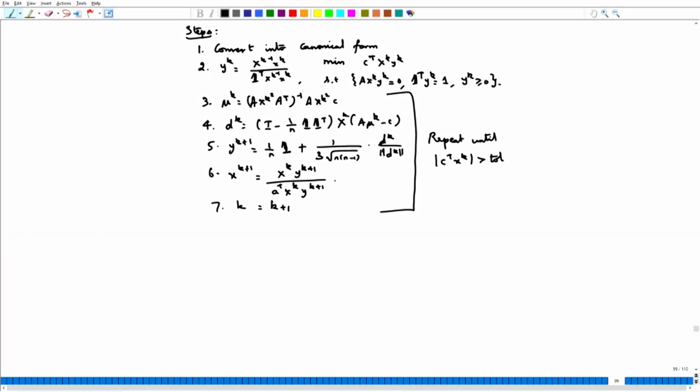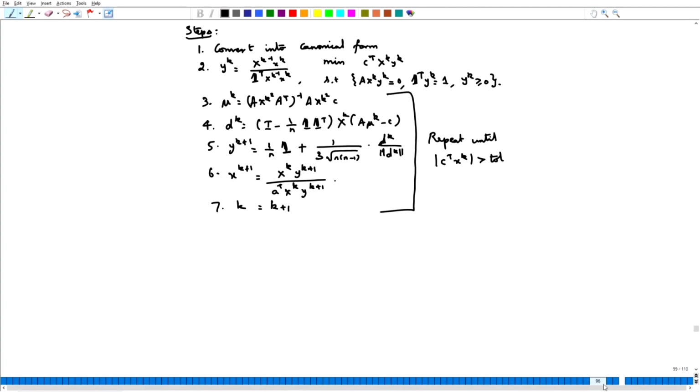But note that we have actually not solved the issue of not knowing V star, right. Suppose some genie comes and tells us that V star is the optimal value, then yes, we would have converted it into the canonical form of our wish, right.